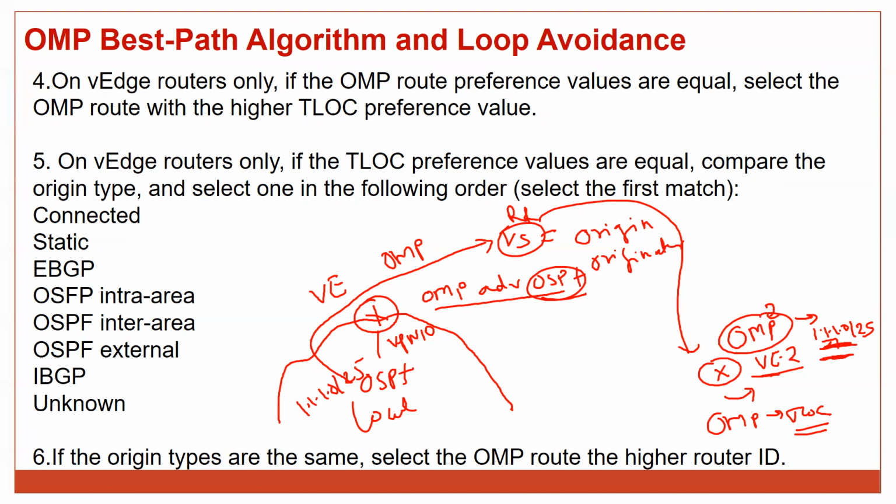Now think in the reverse direction. Suppose your LAN side network or your edge devices want OMP routes.